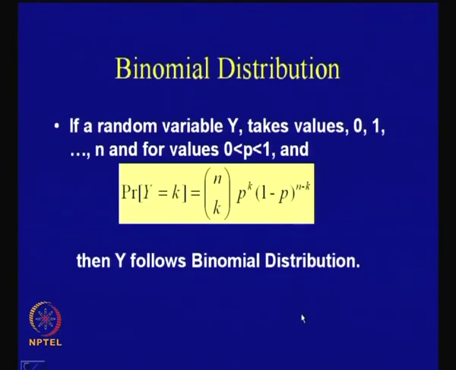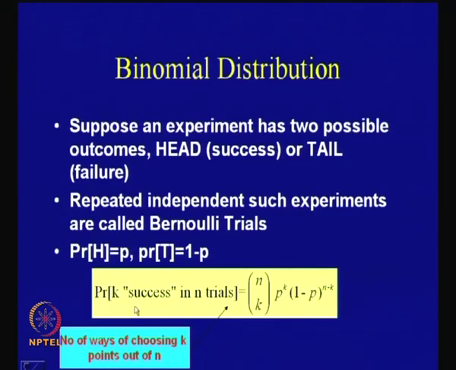Now if a random variable y takes values 0, 1 to n, that is, if I denote the number of successes in n trials by a random variable, then this random variable can take values from 0, that is, there are no successes, to n, that is, all of them are successes.